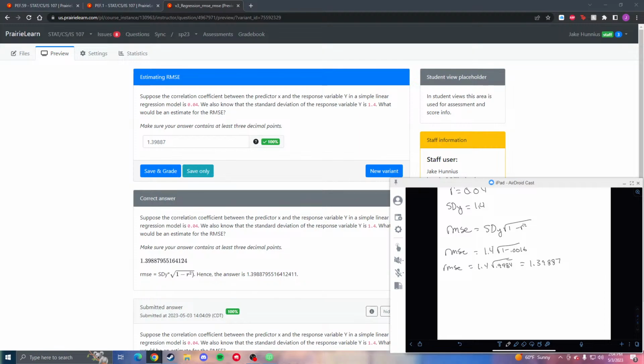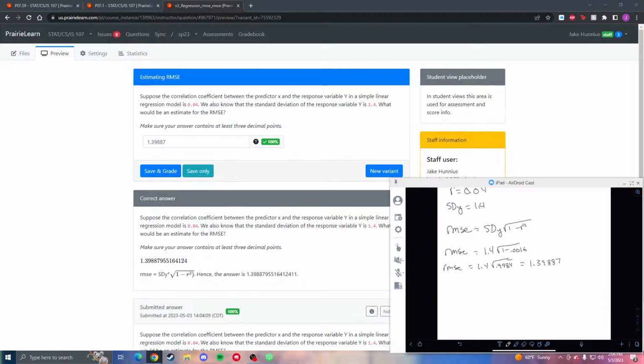So RMSE is the root mean square deviation. It's essentially the distance. It's kind of similar to residuals. It's the difference between actual and expected, but in a different way.